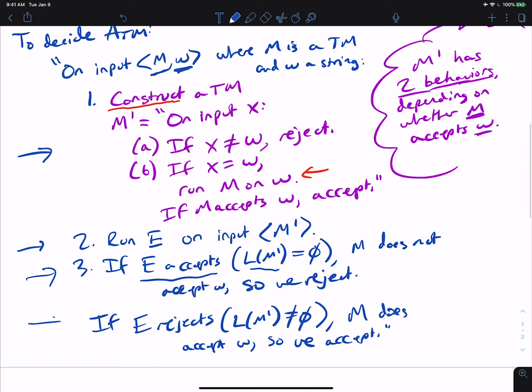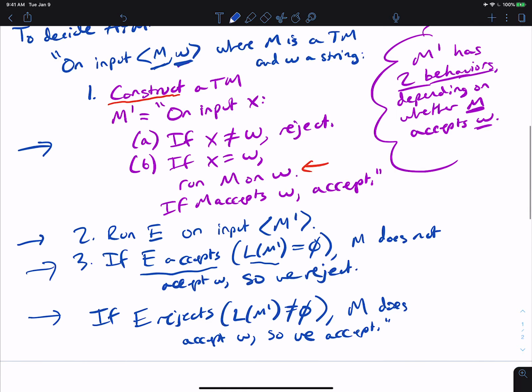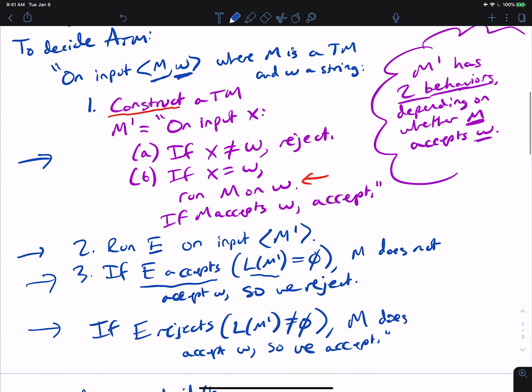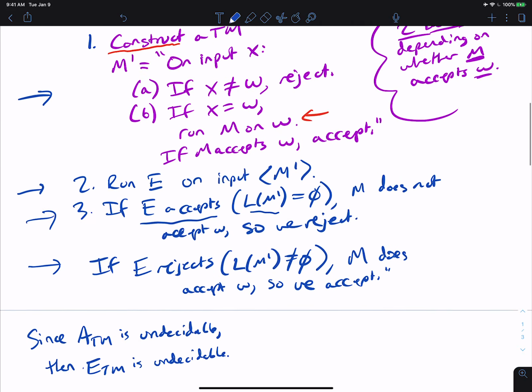And step three and step four obviously take a finite amount of time. So since ATM is undecidable, then ETM is undecidable. Cool. So the only way we could have ever made this decider for ATM is based on the assumption that E was a decider for ETM.